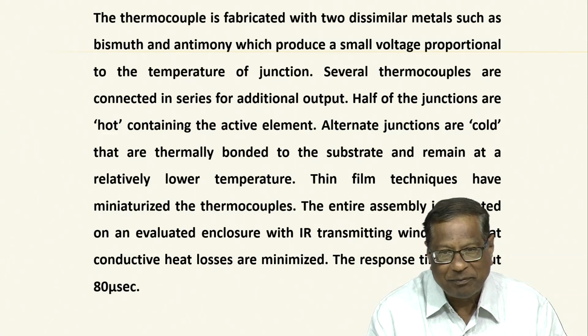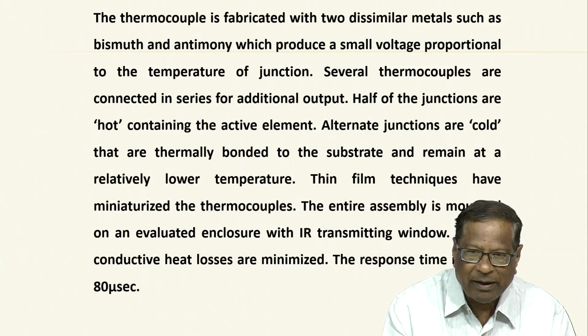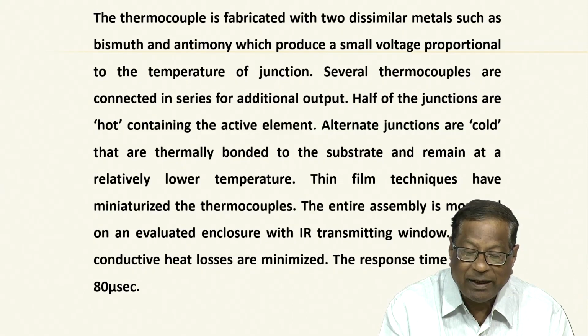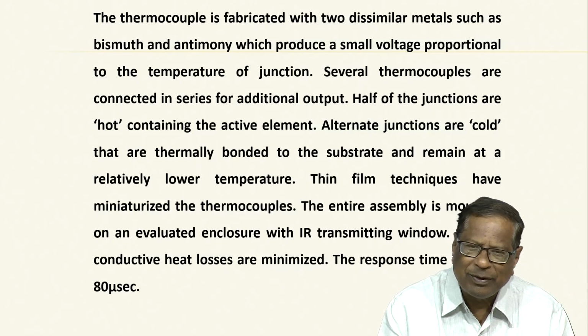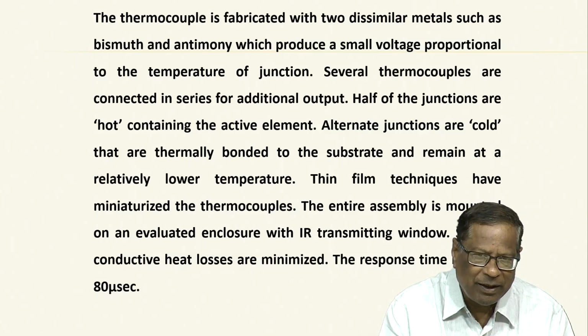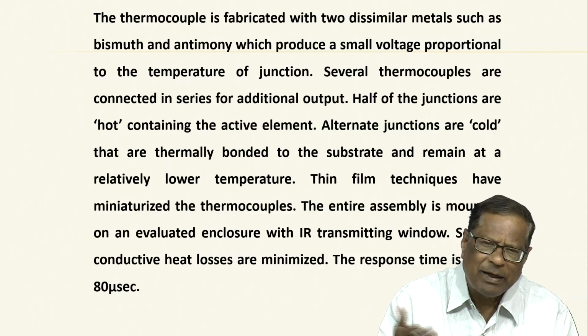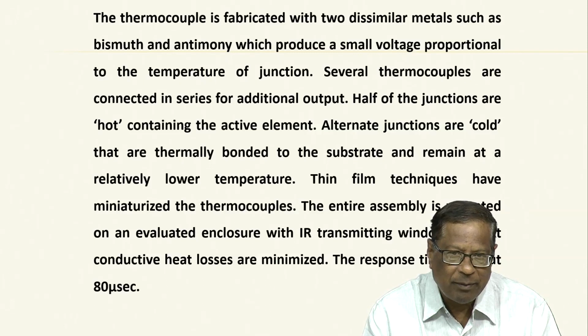Now, the thermocouple. We go one by one again, some good and bad factors. As far as the thermocouple is concerned, it is fabricated with two dissimilar metals such as bismuth and antimony. You can produce many thermocouples with different metals, chromium, nickel, some I had already told you, platinum, rhodium. Several kinds of thermocouples are there which can be used for temperature monitoring in infrared.